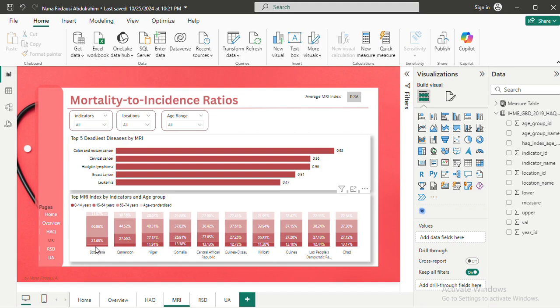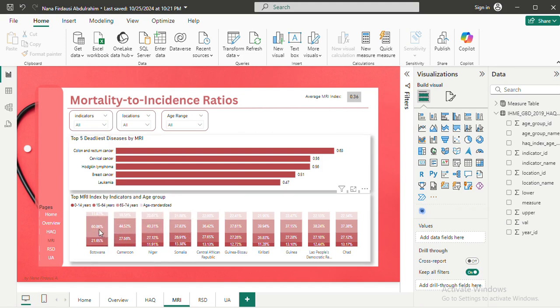Botswana, the citizens of Botswana that are within the age range of 0 to 14 years have a kind of, let's say, low mortality rate. Yes, they have a low death rate compared to the others.